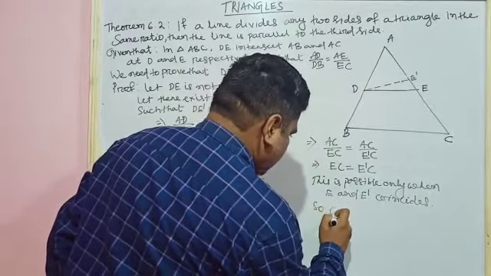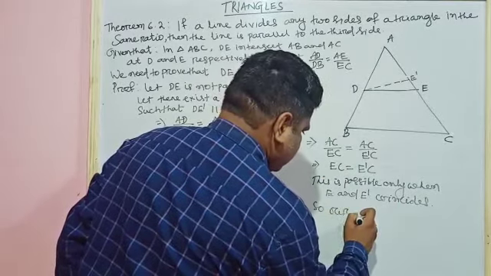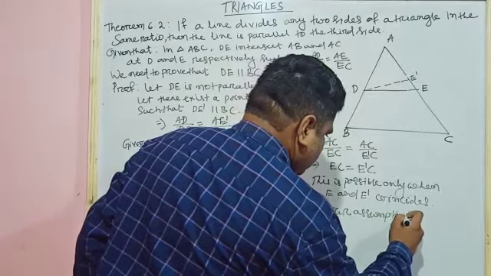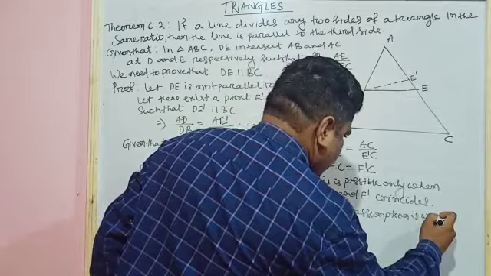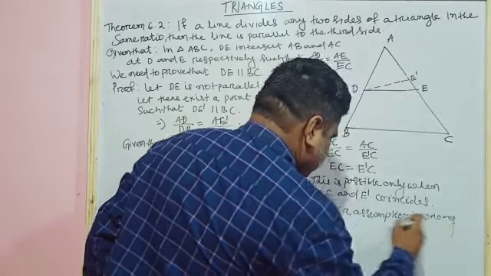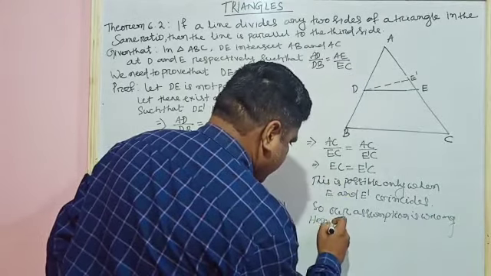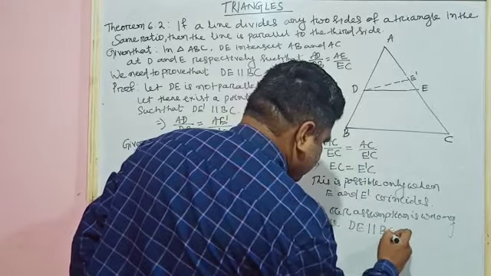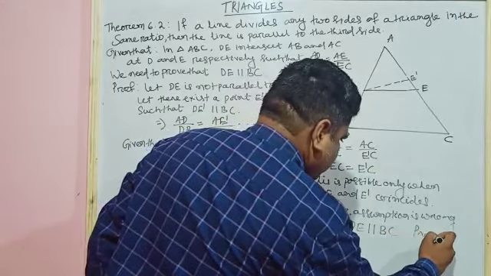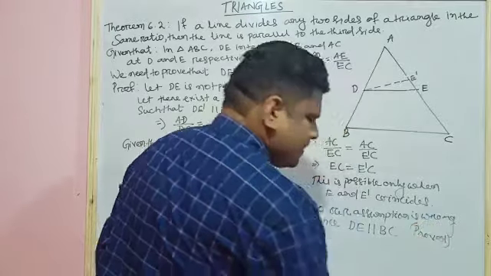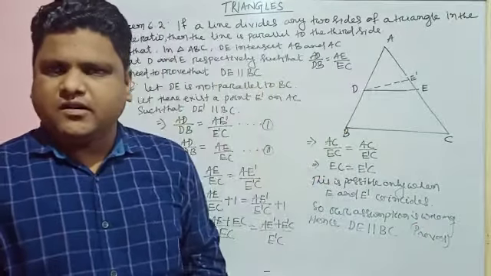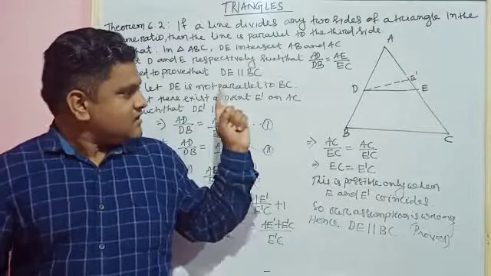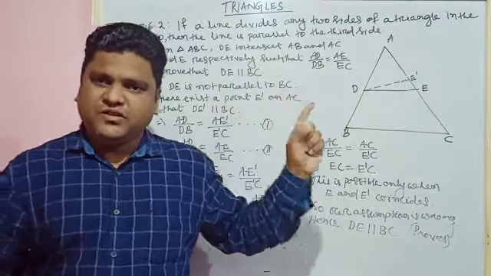So our assumption is wrong, hence DE is parallel to BC, proved. Whenever our assumption turns out to be wrong, we have to accept that the statement we need to prove must be correct.